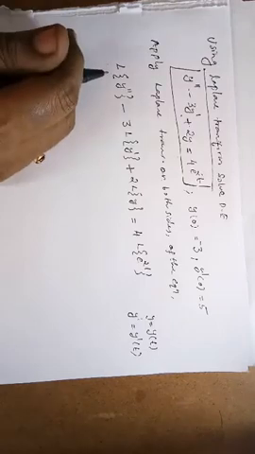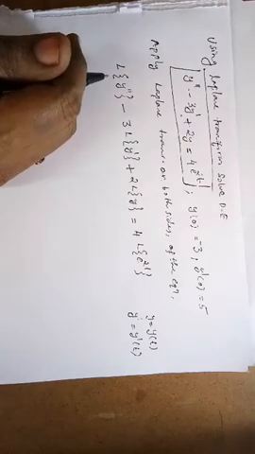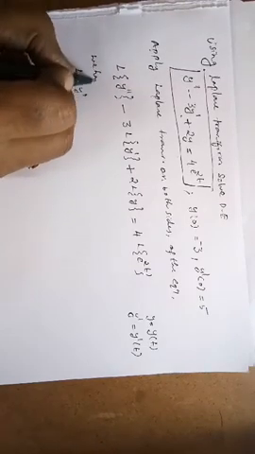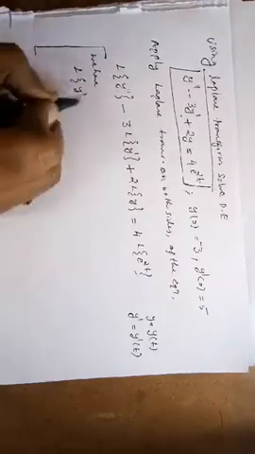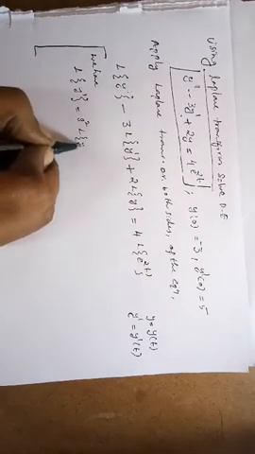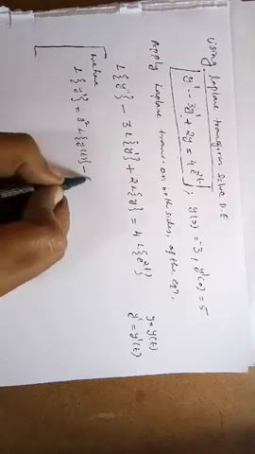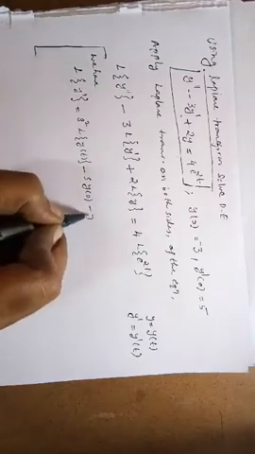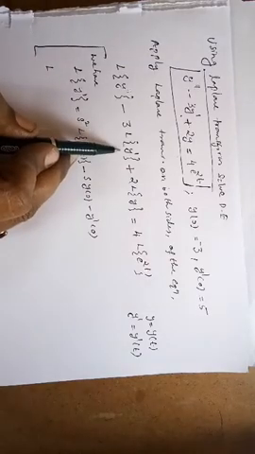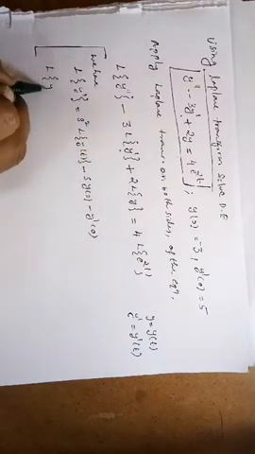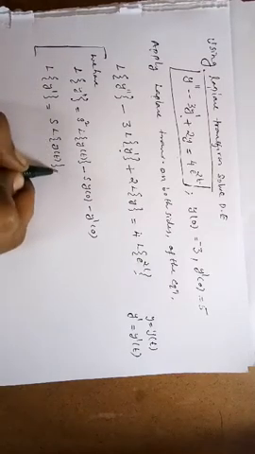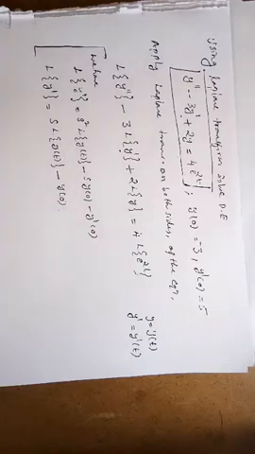So now what is L of y double dash? We have the results. L of y double dash is equal to s square into L of y of t minus s into y of 0 minus y dash of 0. Now there is only one more derivative, L of y dash. L of y dash is s into L of y of t minus y of 0, right?